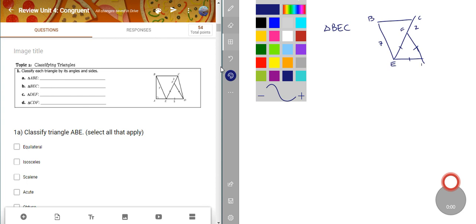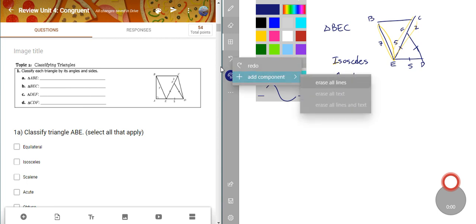Since ED down here is a measurement of 5, and this is an equilateral triangle, this must be a side length of 5. 5 plus 2 is 7. That tells us BE and CE are both 7, so this will give us an isosceles triangle. All those angles look like they're less than 90, so this would be an acute isosceles triangle.